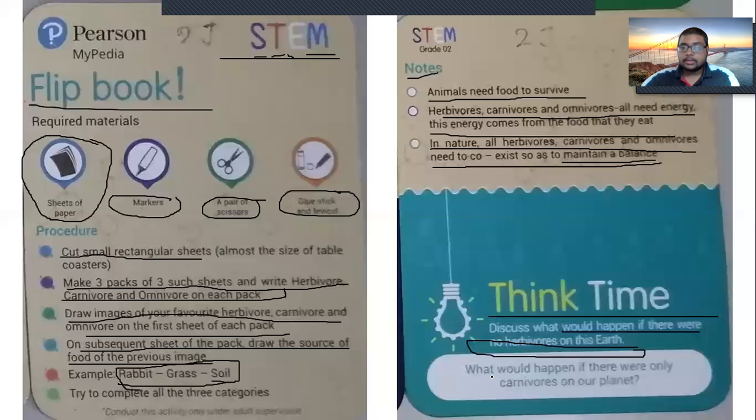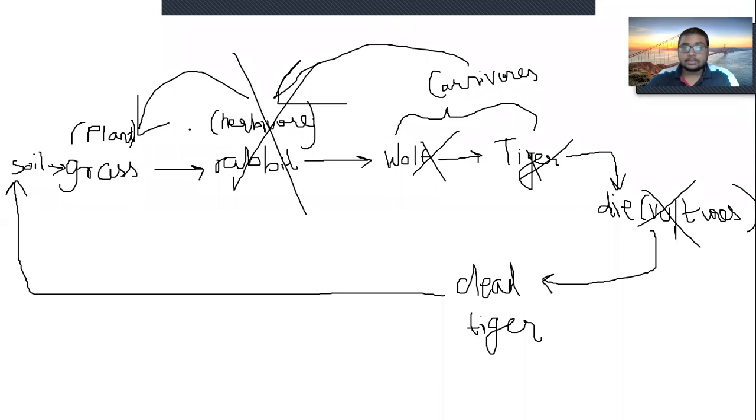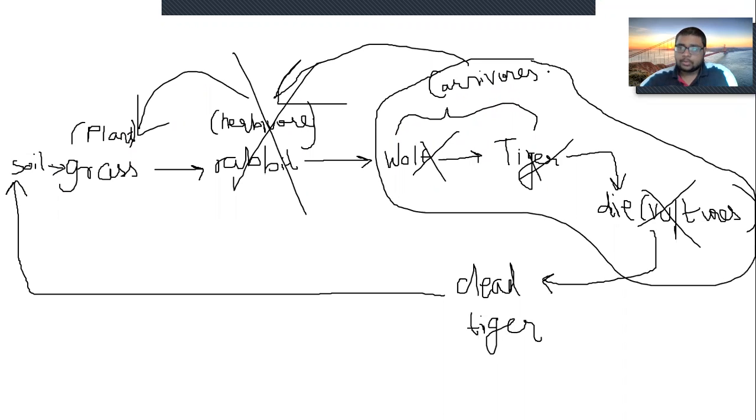Got it? Now one more question: what would happen if there were only carnivores on our planet? Well, considering this cycle, if there are only carnivores, then they would die in a very, very short time, because some carnivores are much, much stronger, like tiger.